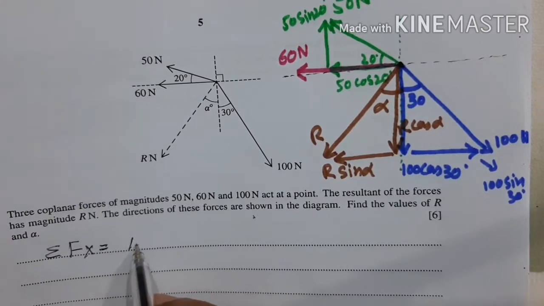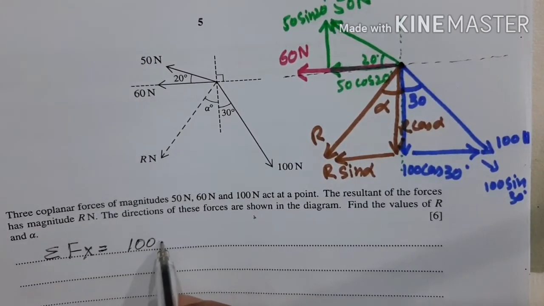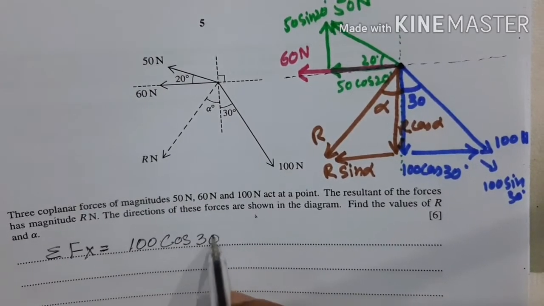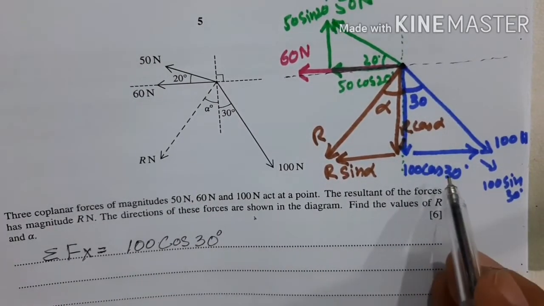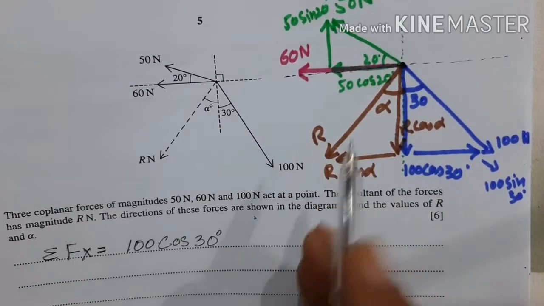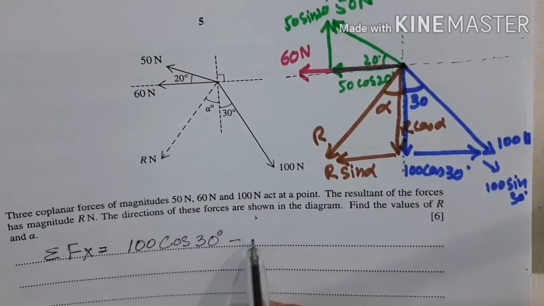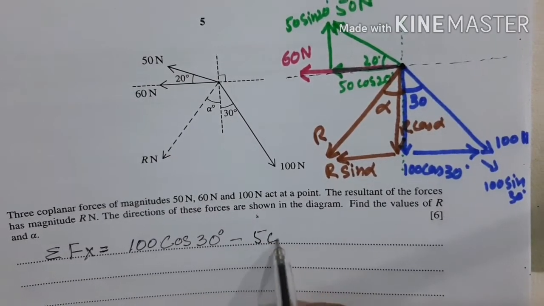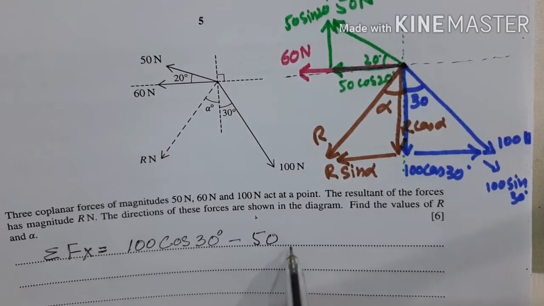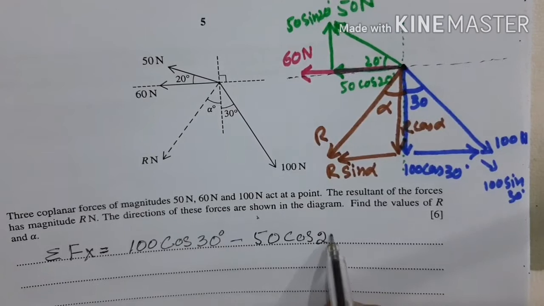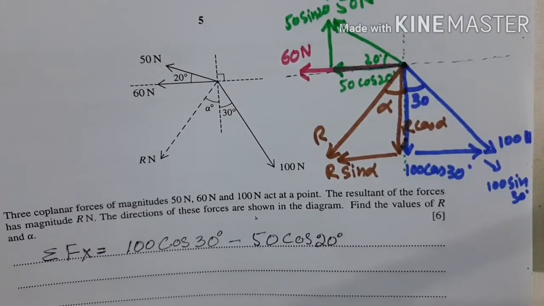So there is one force, this is 100 cos 30, to the right side, minus 50 cos 20 degrees.